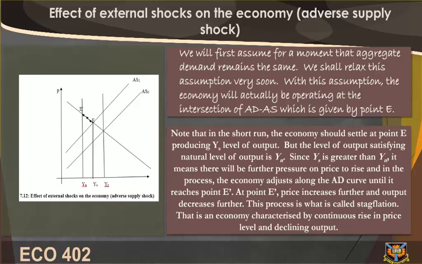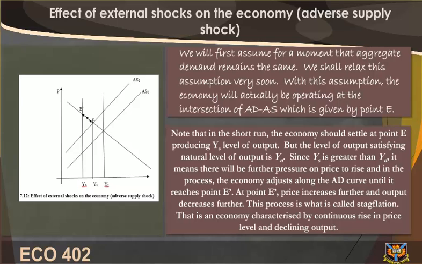But the level of output satisfying natural level of output is Yn. Since Ys is greater than Yn, it means there will be further pressure on price to rise, and in the process, the economy adjusts along the AD curve until it reaches point E prime. At point E prime, price increases further and output decreases further.